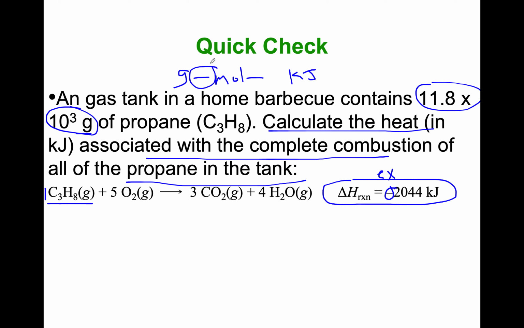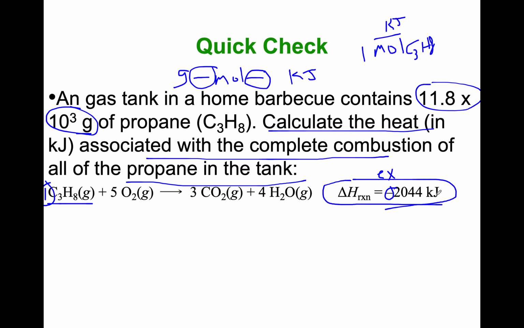So you know this, no problem. Grams to moles, nothing new. This piece, you can see the ratio needs to be this: moles on the bottom, kilojoules on the top. If we look, we saw that's 1 mole of propane.